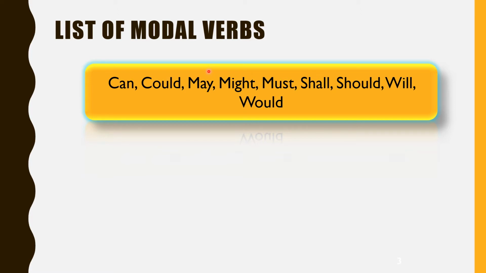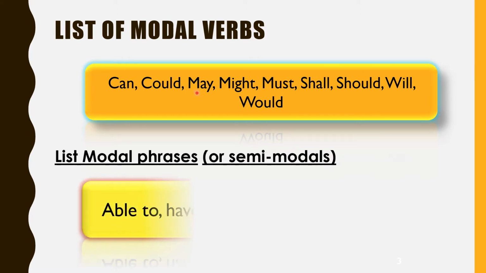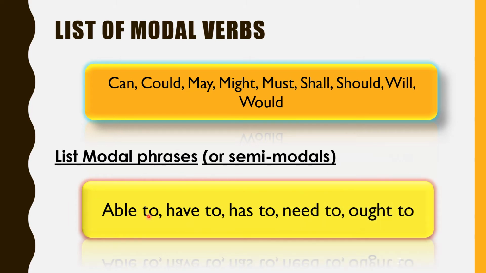Now let's move on to semi-modal verbs, which are able to, have to, has to, need to, ought to. So if we see the difference, modal verbs do not make use of the preposition to, but semi-modals are using the preposition to. With all the semi-modals you will see to.